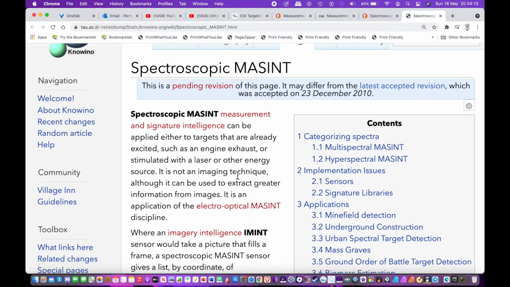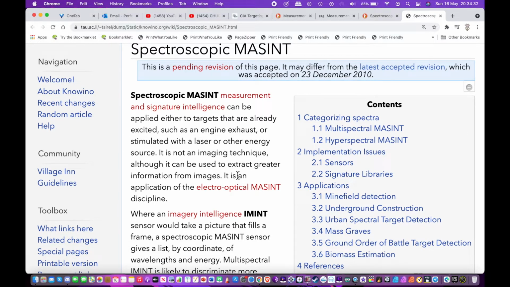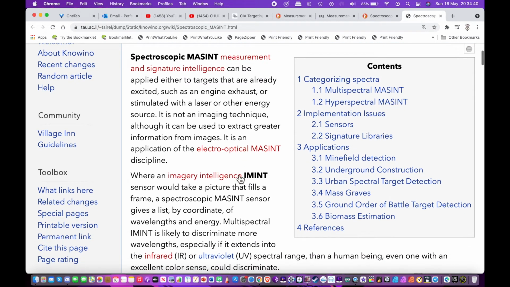Spectroscopic MASINT measurements and signature intelligence can be applied either to targets that are already excited, such as engine exhaust, or stimulated with a laser or other energy source. It is not an imaging technique, although it can be used to extract greater information from images.